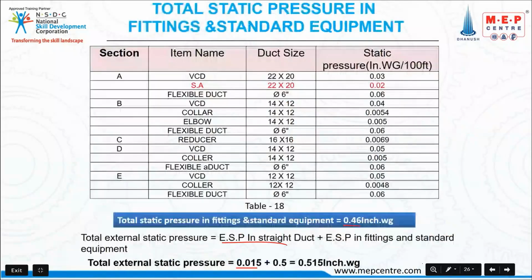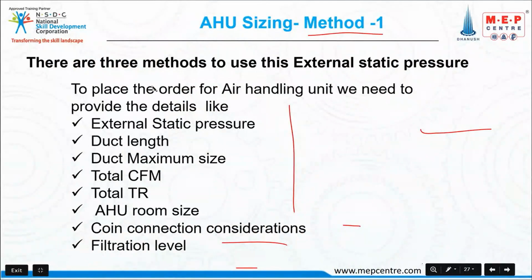So it is 0.016. Now what we do is to place an order for AHUs.